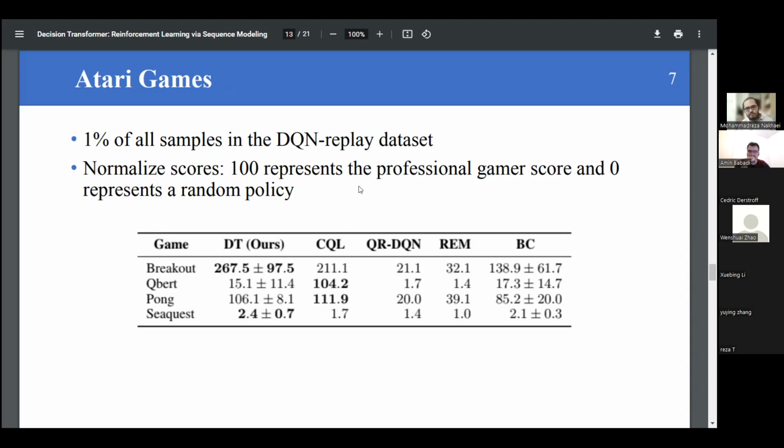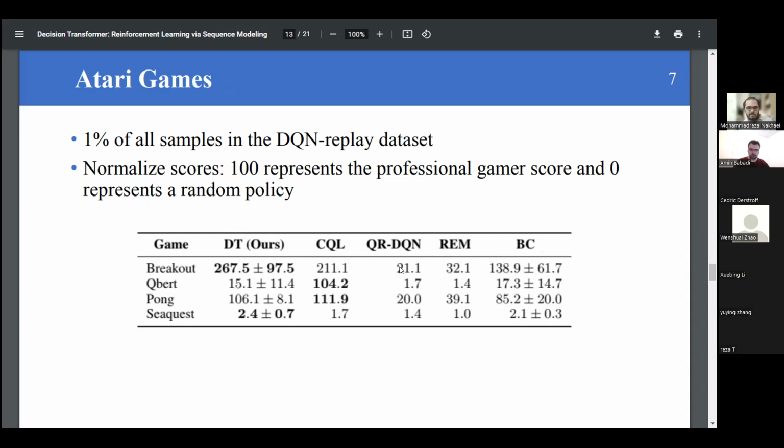For scores, they normalize the score such that 100 means a professional gamer score and 0 represents a random policy. As you can see in Atari games, decision transformer was able in some environments to learn the task better than other algorithms such as conservative Q-learning, QR-DQN, behavior cloning, and REM.